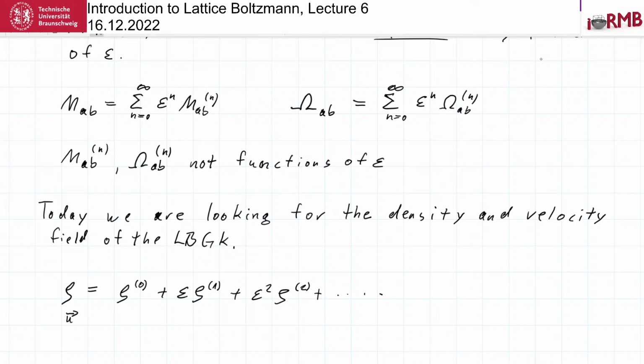And in a minute we come to what is the result and what is the error. And we have the velocity field, which we write as a vector u, and u again starts from u0 plus epsilon u1 plus epsilon squared u2 and so on to infinity.